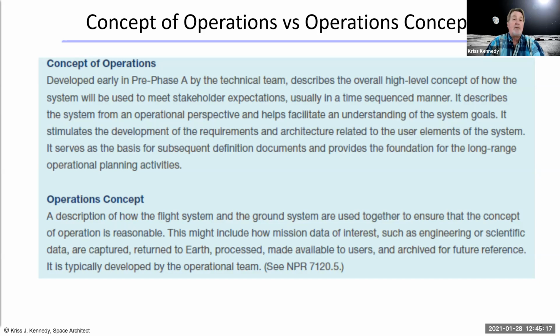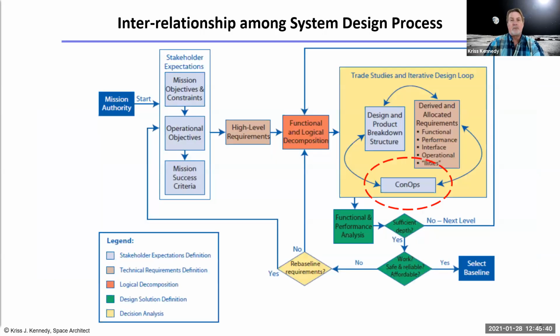You may not even have all the designs laid out yet, but you have the idea of the functions and capabilities needed to execute the mission. Again, operations concept is really about the flight of the mission and the specific details of that operations.